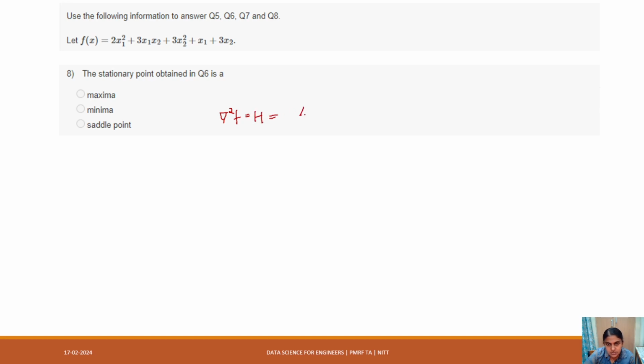I'll denote it like this, 4336. Find out the eigen values. So it's like 4 minus lambda 3 and 6 minus lambda. Determinant of that, substitute equal to 0. You will get 4 minus lambda into 6 minus lambda minus 9 equal to 0.